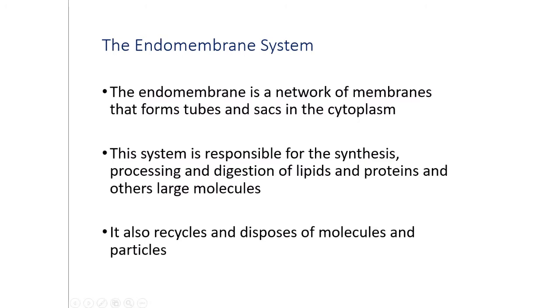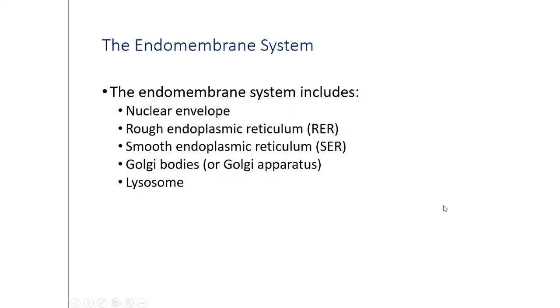The system is also going to be responsible for recycling and disposing of molecules and particles that we no longer use. So the key components of the endomembrane system include the following. There is the nuclear envelope that we talked about, and we know that the nuclear envelope is going to be continuous with the endoplasmic reticulum, a huge network that exists in the cytoplasm.